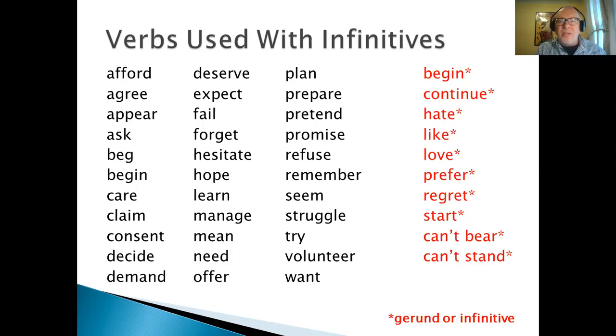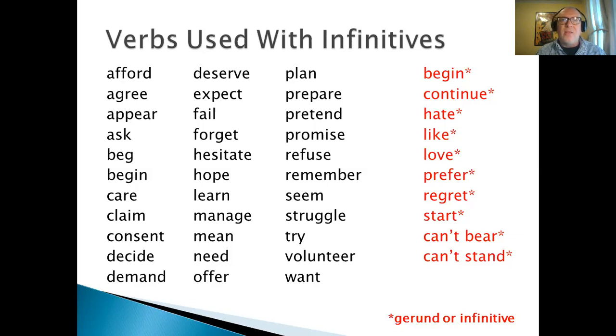But all the ones in black on the other side, on the left side of the screen, all those verbs in black, those are infinitive only. So this is going to be the challenge. We have to remember which verbs use gerund, which verbs use infinitive, and which verbs can be both.